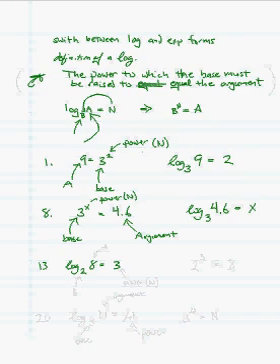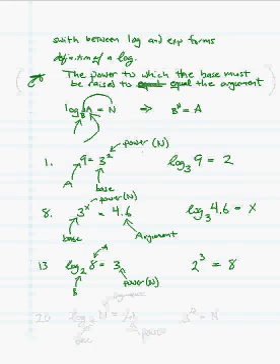So here's the base, here's the argument, and here's the power that it has to be raised to, or we called it n in our case. So 2 to the third power equals 8. And in fact it does. 2 times 2 is 4 times 2 is 8. So that one works out. It's just alternative ways of writing the same thing.